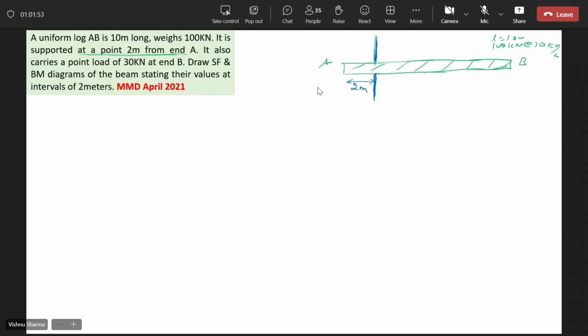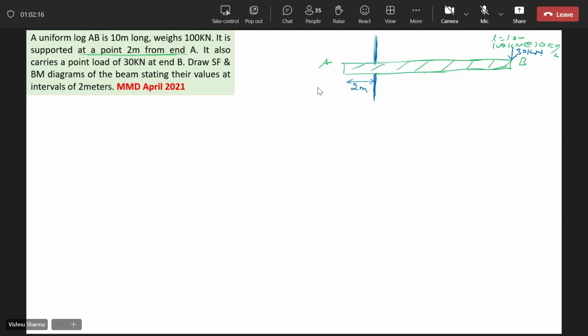It forms a cantilever, correct? And it carries a point load of 30 kilonewton here at end B. This is what the question says. Guys, read the question and do you agree with the diagram first? Tell me.